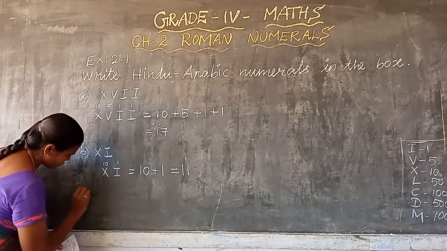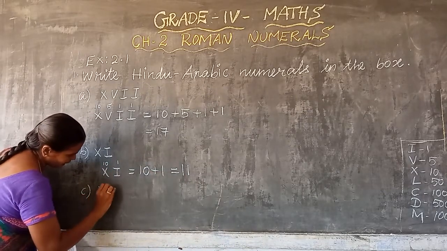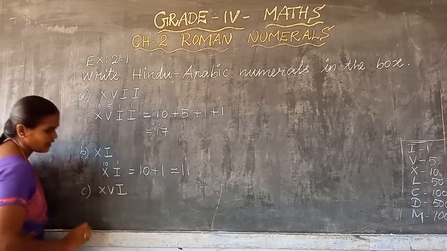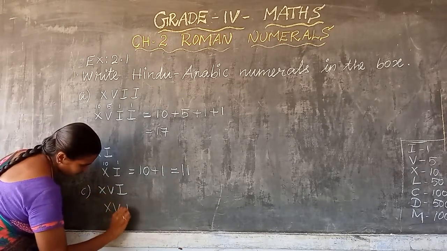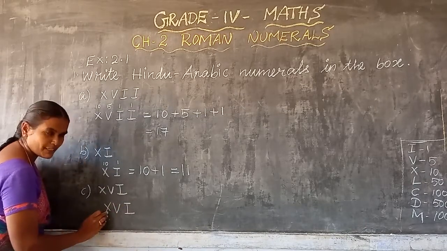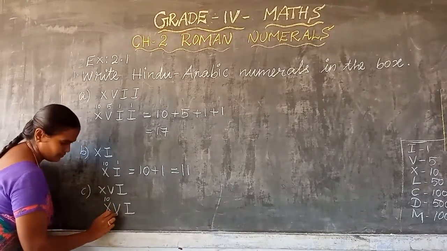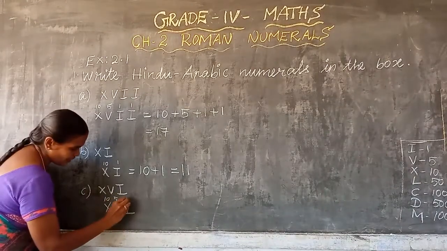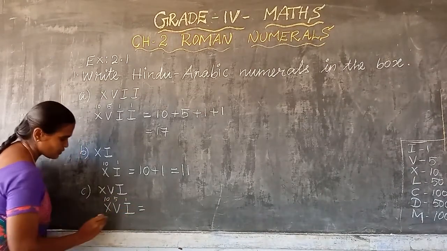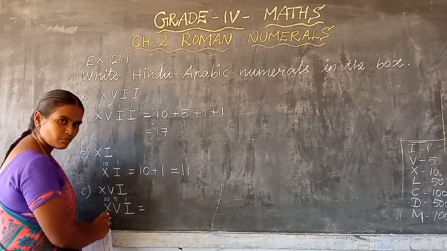Now see the question. XVI. So value of X 10, value of V 5, value of I 1. So here the first one is the greater number.